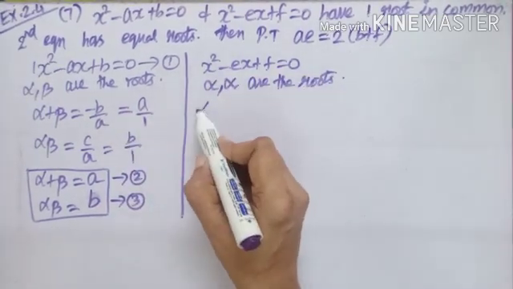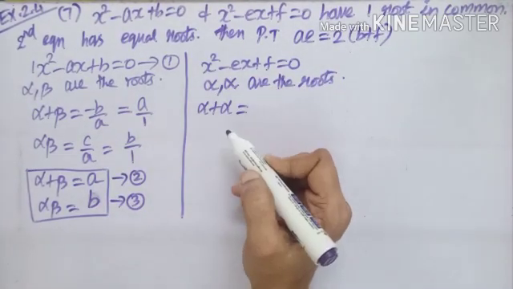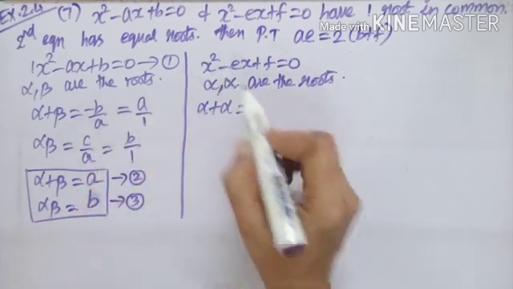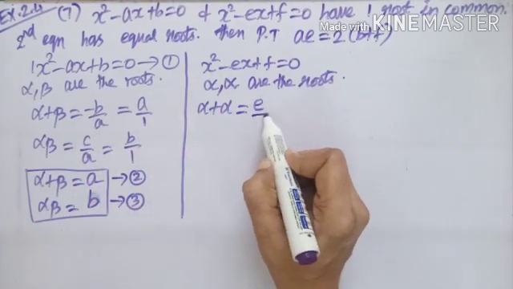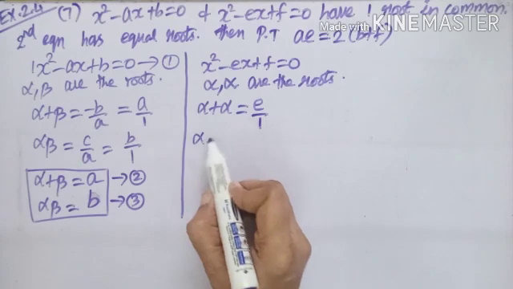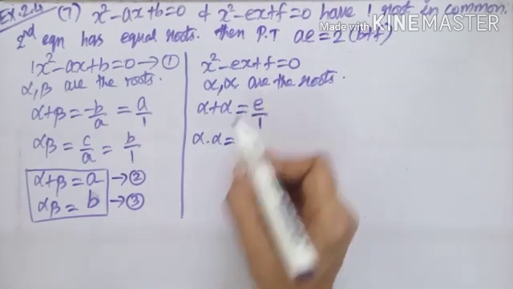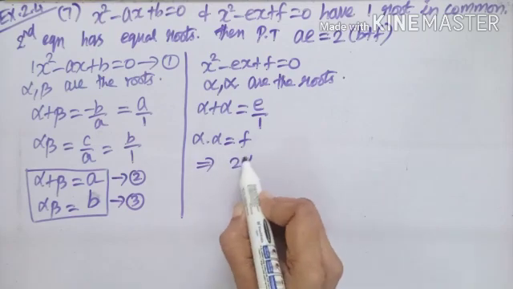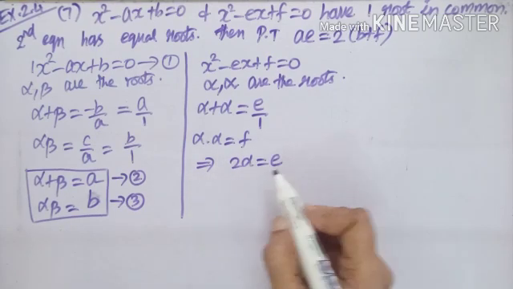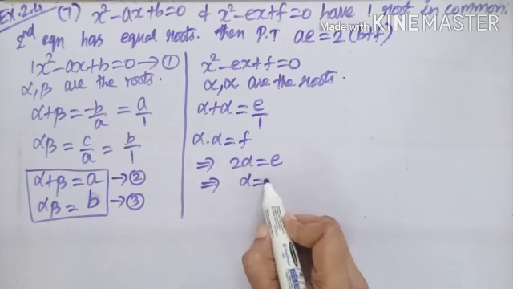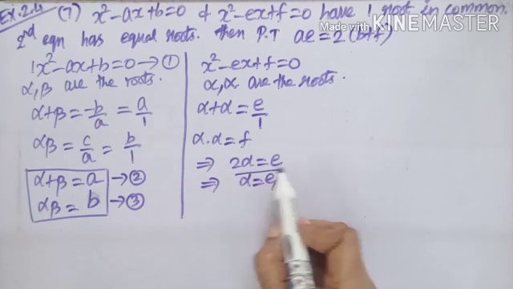Apply the same condition. Alpha plus alpha is minus b by a, I get e by 1. Alpha into alpha is c by a, that is f. So this gives me 2 alpha equal to e, or alpha equal to e by 2.